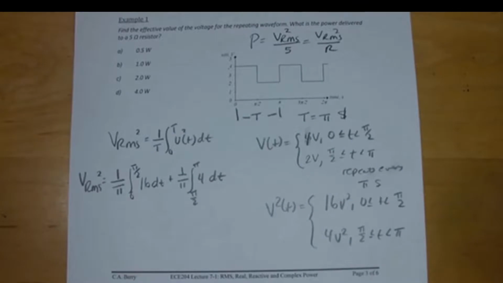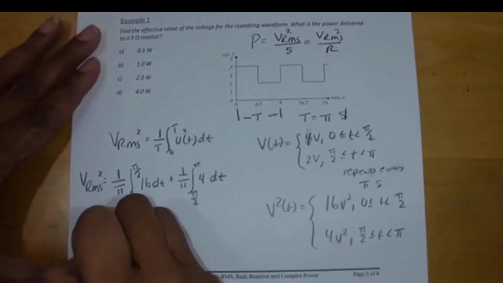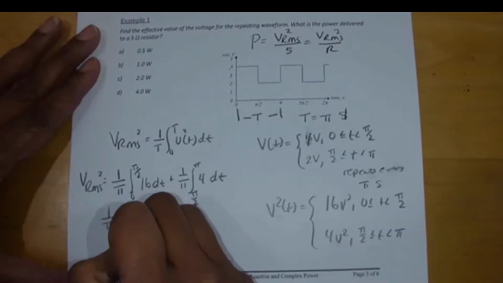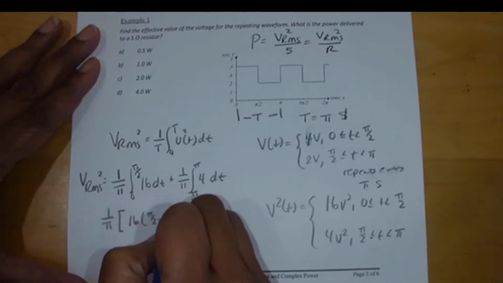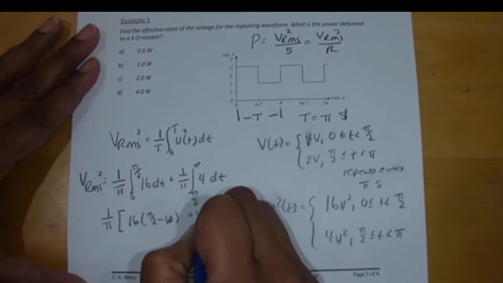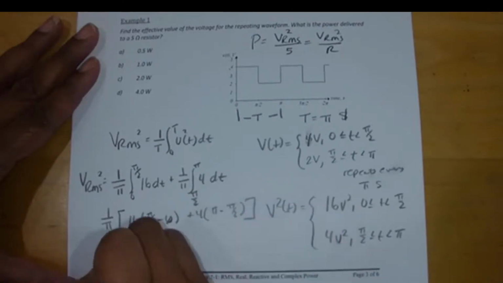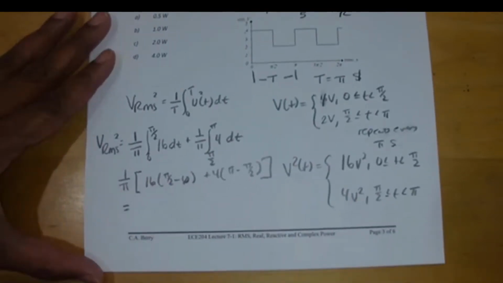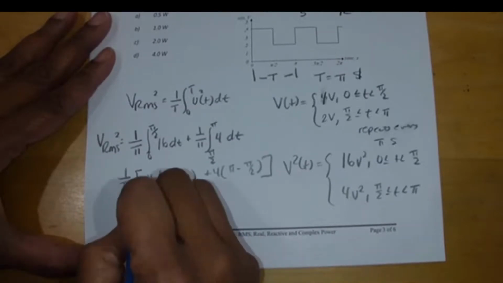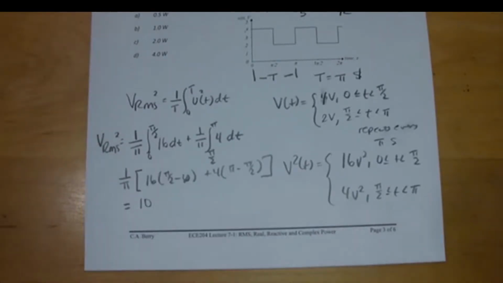That is 1 over pi times 16 times pi over 2 minus 0, plus 4 times pi minus pi over 2. And VRMS squared is 10. All of that just to get a 10.